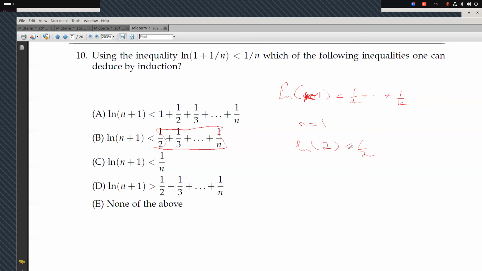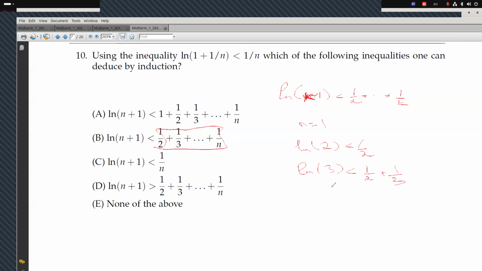We can check. Is this correct, guys? I think it's incorrect. Or when n equals to 2, logarithm 3, is it less than 1/2 plus 1/3? Obviously, this is supposed to be not correct.